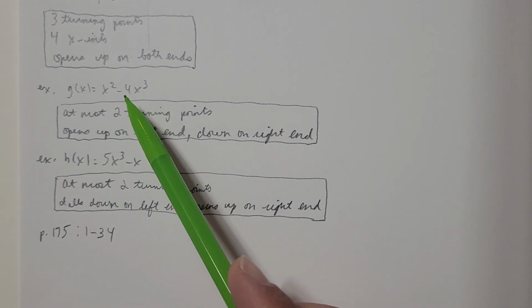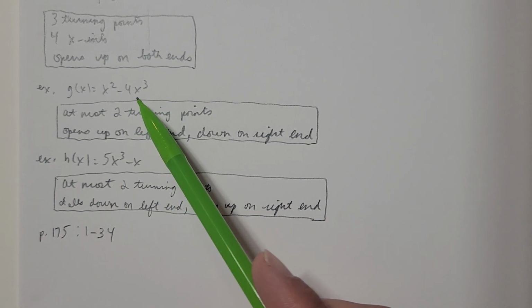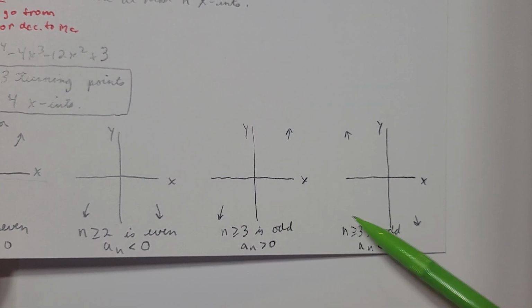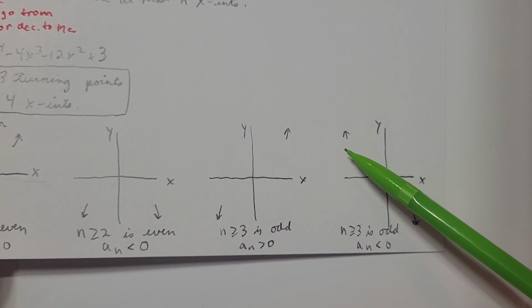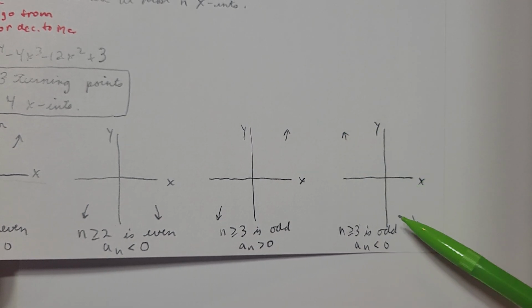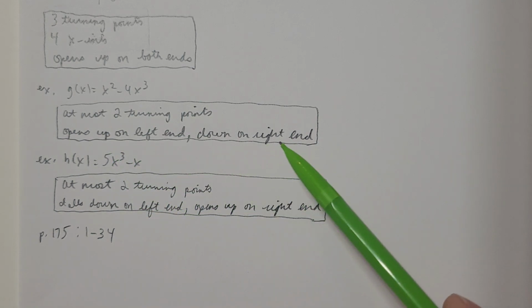There's a negative 4 in front of x cubed, right? So what's going to happen on both ends is, it looks like I'm going to open upward on the left and downward on the right. Opens up on the left and down on the right.